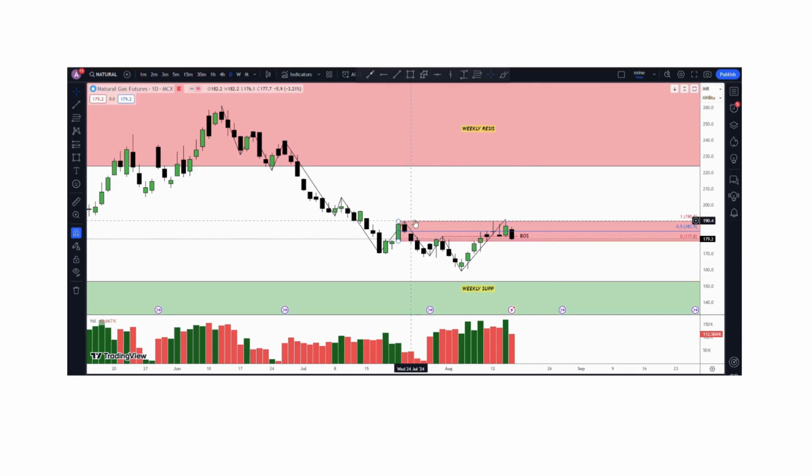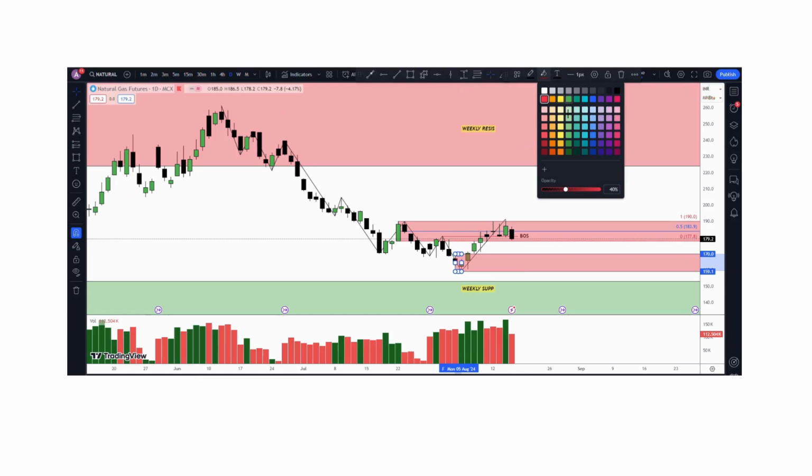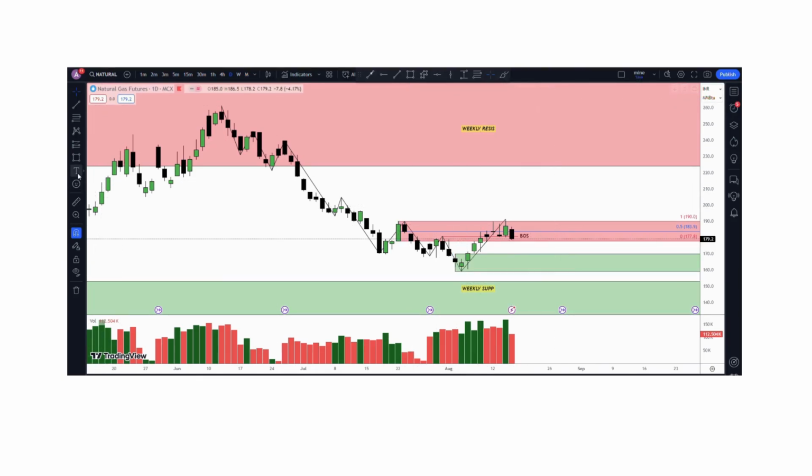It has not gone and closed above this resistance over here, and this would be my support. This level here would be my daily support, and this is my daily resistance, sorry.